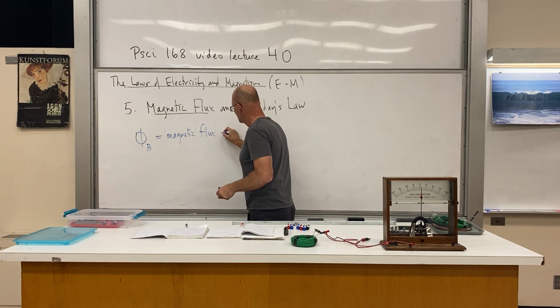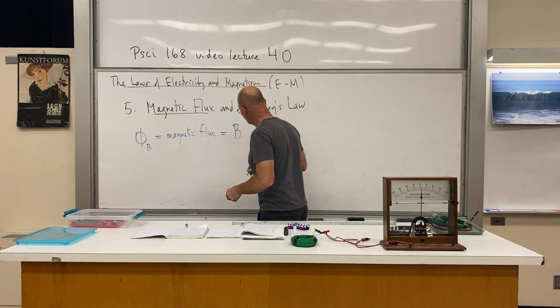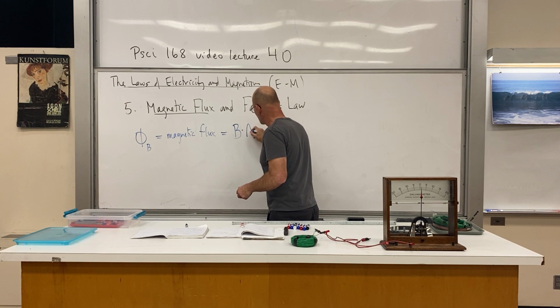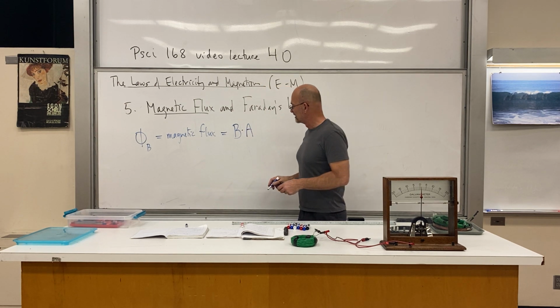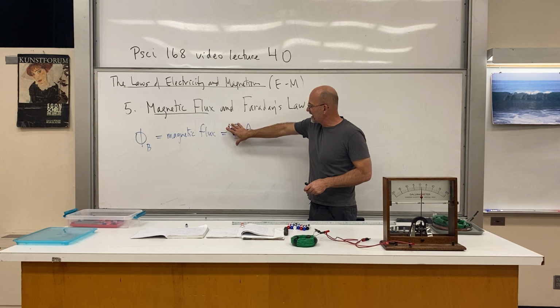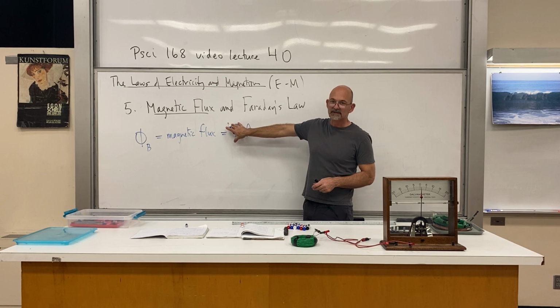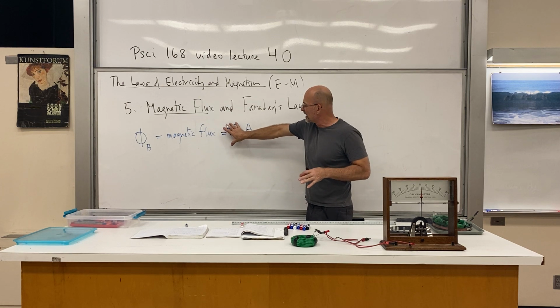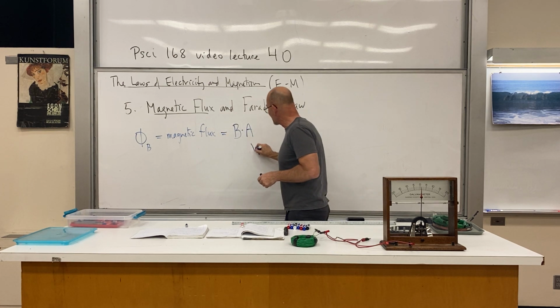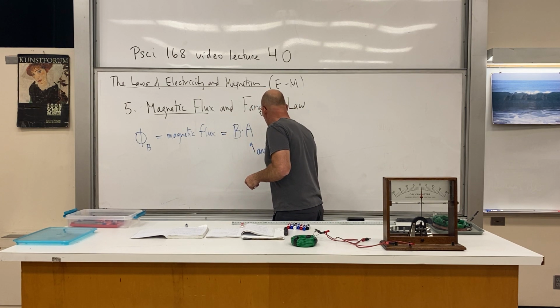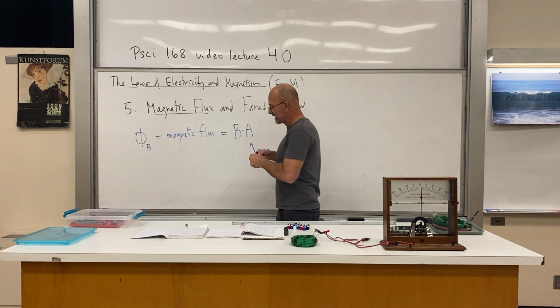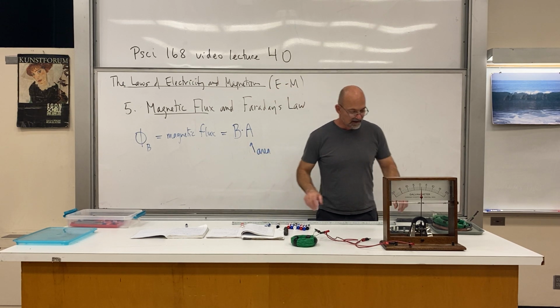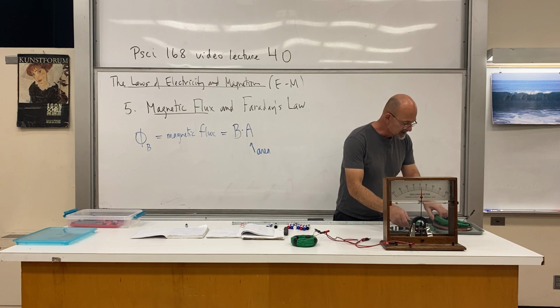And what it is is the magnetic field times an area. So imagine if the magnetic field were flowing. It is a vector, but there's nothing flowing. But if you imagine it were flowing, and it were flowing through an area. Okay. That's the idea. And this is a perfect example.